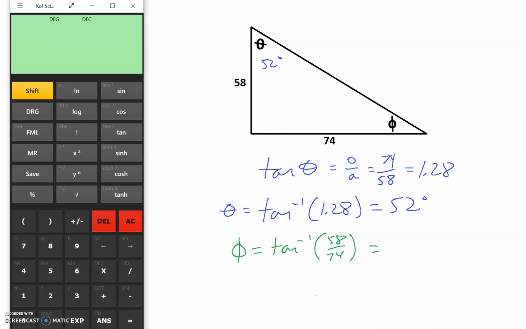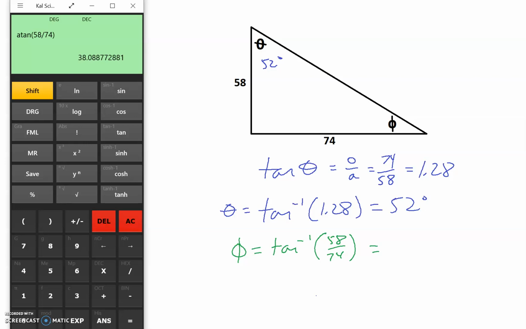I'm going to clear everything. Different calculators will do this different ways. This one, often when they have a display like this, you're able to just type it in the exact way that it's laid out. So there's my inverse tan of 58 over 74, and I press equals, and it gives me 38.